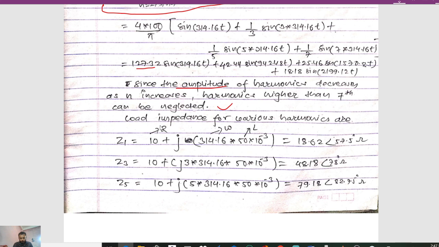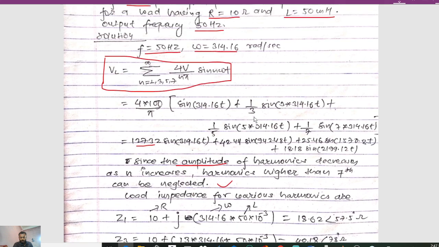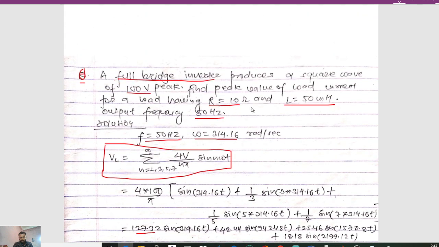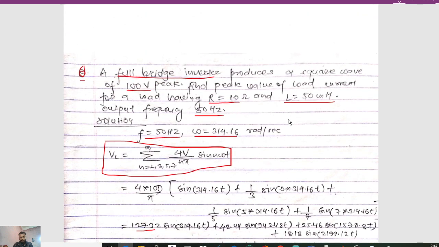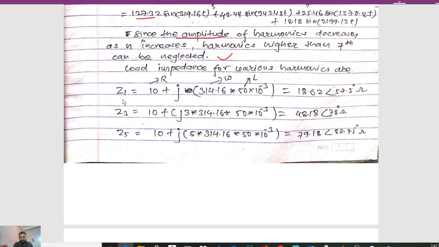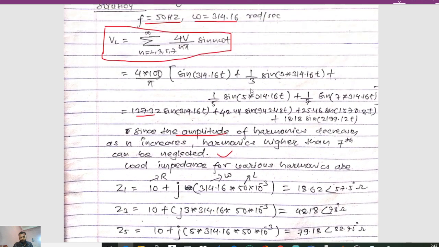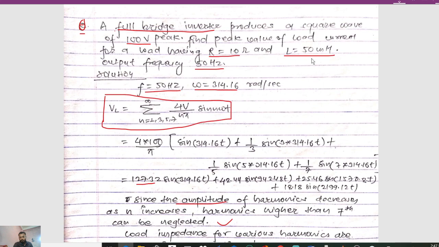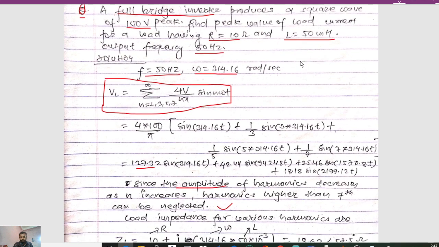Now for the load impedance at various harmonics, we have an RL load with R and L given, so this is a full bridge inverter with RL load. To calculate the load impedance, Z equals R plus j omega L. In place of R we have 10 ohm, and in place of omega we have 314.16, and L is given in the question as 50 millihenry.